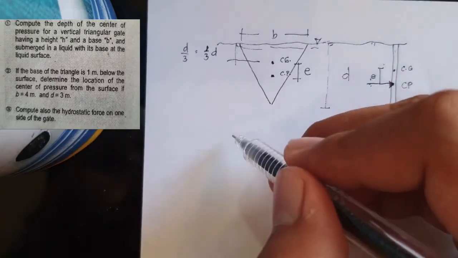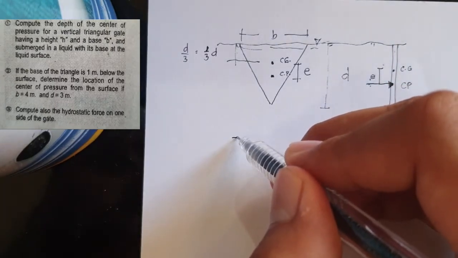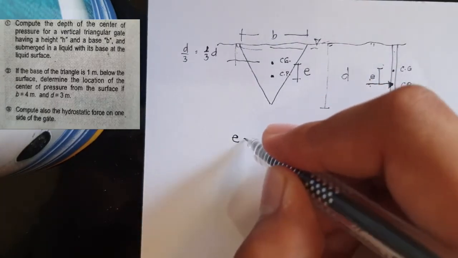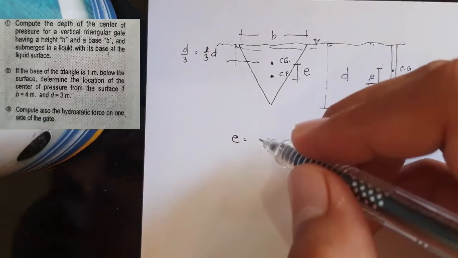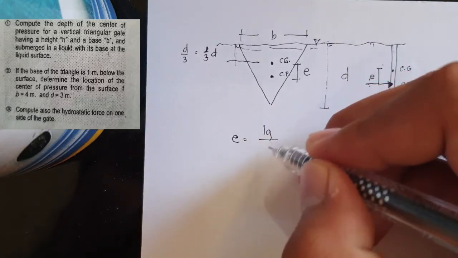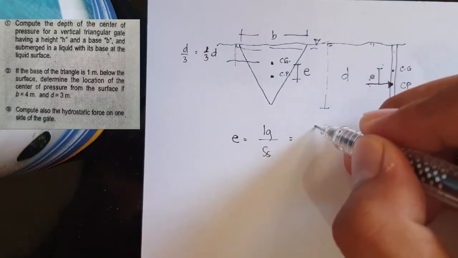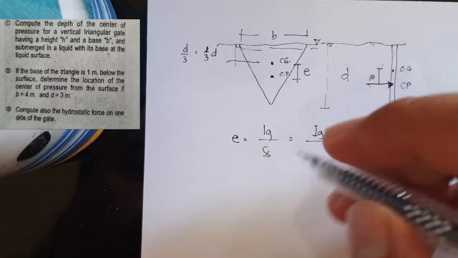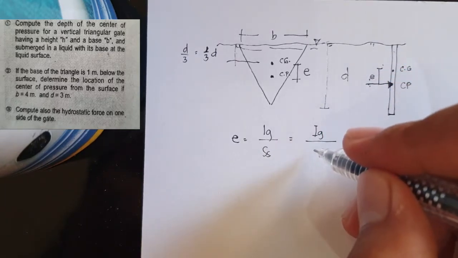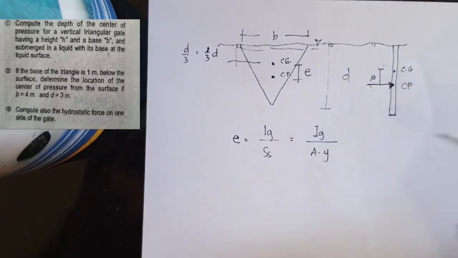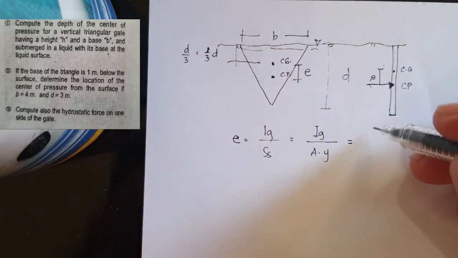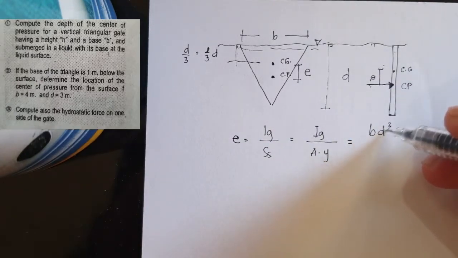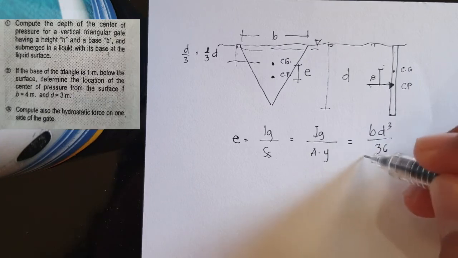Okay, so the formula for E, or the distance between CG and CP, is Ig over SS, in which Ig is the moment of inertia, and SS is the static moment of area, that is area times Y. So for Ig, we have the formula for triangle B D cube over 36.